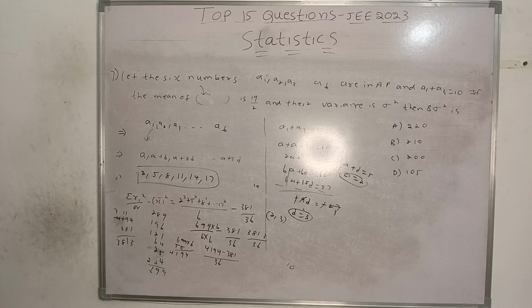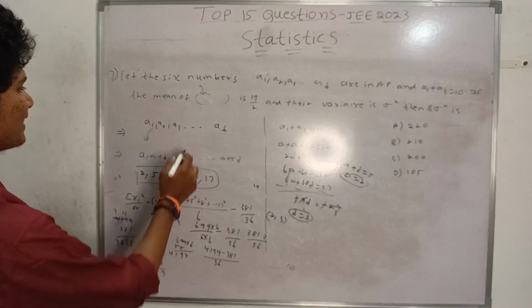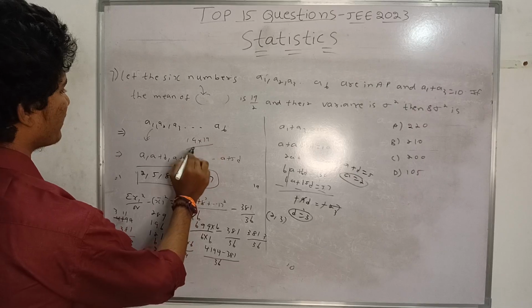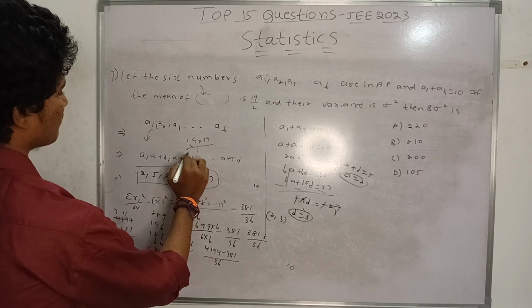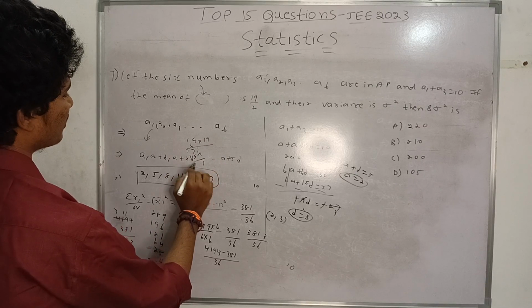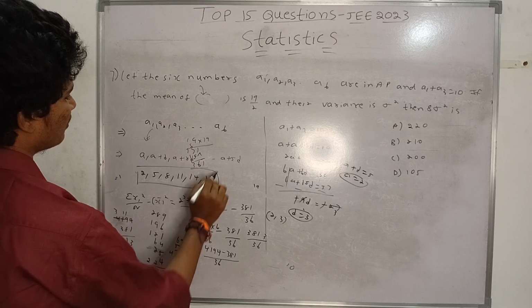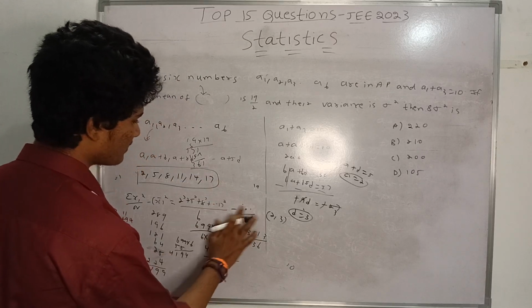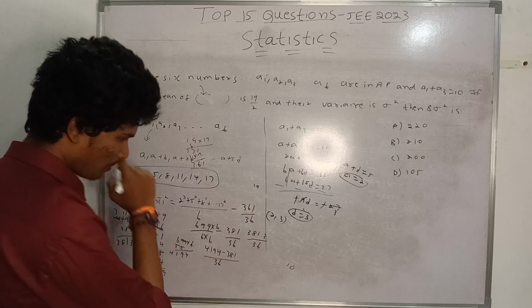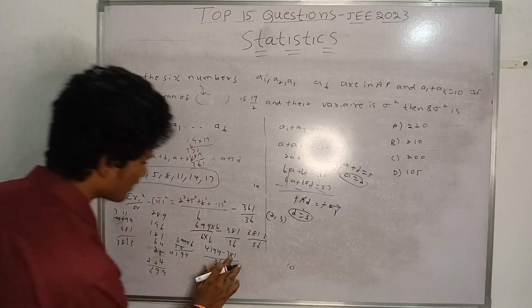Yes, I got it correct only. And what is 19 square? 19 into 19, that is 9 9s are 81. Sorry, here it went wrong. It is 361. So I have to minus 361 here.